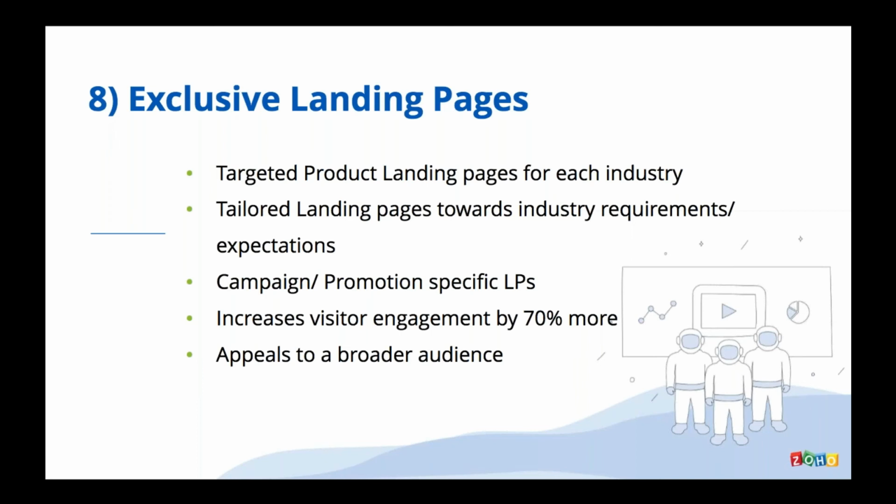So think about implementation pages for different industries, and that in fact is the key for you to appeal to a broader audience, and it can increase your engagement by 70%. So think of really good landing pages or blog posts that talk about CRM implementation across multiple industries.